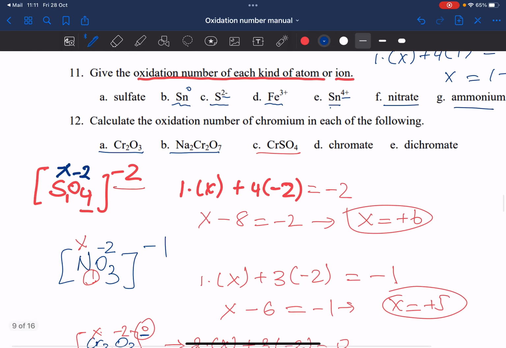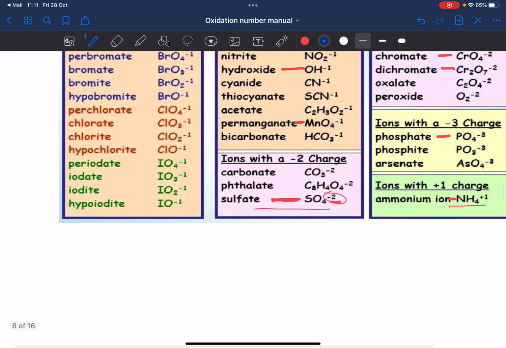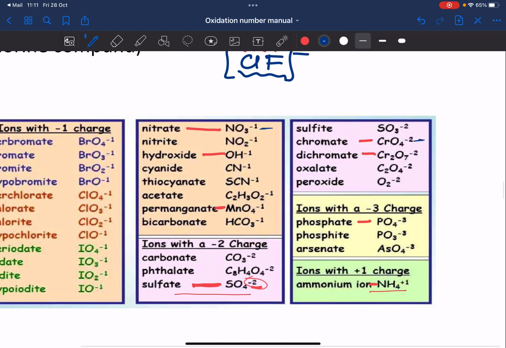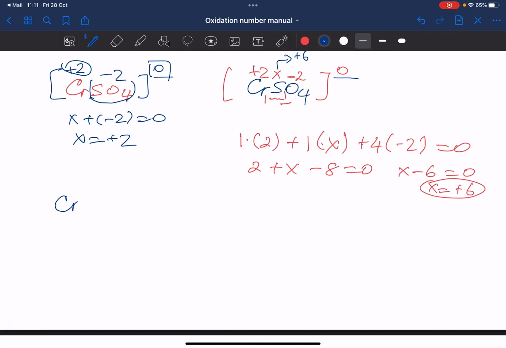And then we do chromate and dichromate. Let's find these guys. So chromate, you see it's here, and dichromate is this guy. CrO4 2-, Cr2O7 2-. Let's do the math together. So CrO4, the whole thing has a charge of -2. We know that the oxygen is -2. We don't know this guy.